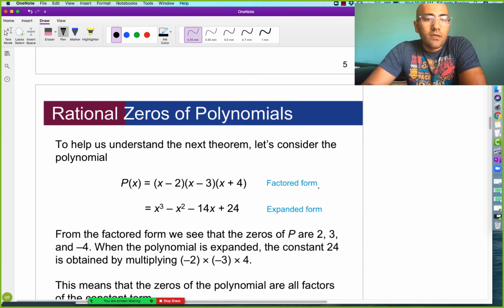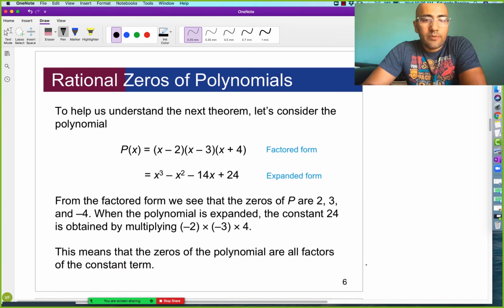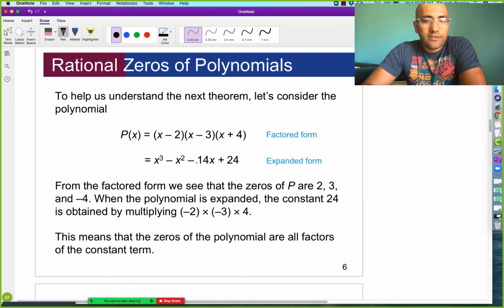Right? Okay, so to help us understand the next theorem, let's consider this. Let's say we're given this polynomial, which is a multiplication of three different binomials: x minus 2, x minus 3, x plus 4. From the work we've done already, we realize that this must mean that x equals 2 is a zero of the polynomial, x equals 3 is a zero of the polynomial, and x equals negative 4 is a zero of the polynomial.